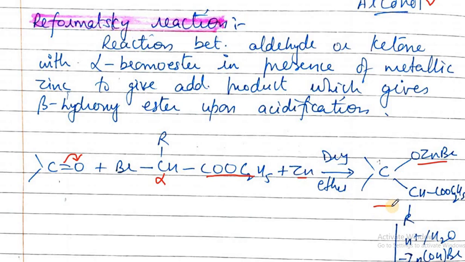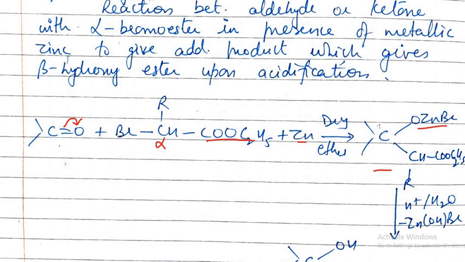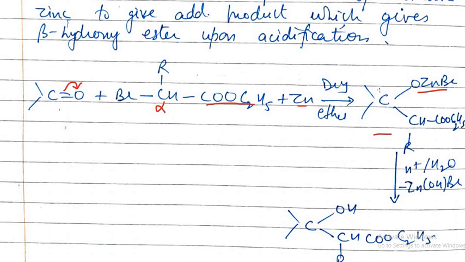And upon hydrolysis, the ZnBr group is replaced with hydrogen, that is OH, so we get beta hydroxy. Now this is the alpha carbon and this is the beta carbon, because this is the ester group. So we get beta hydroxy ester as the final product upon acidic hydrolysis.